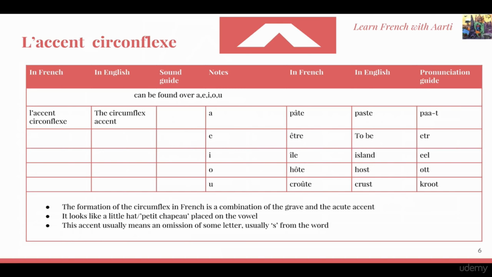The next accent is l'accent circonflexe, or the circumflex accent. It can be found on A, E, I, O, and U. The formation of the circumflex accent is a combination of accent grave and accent aigu.